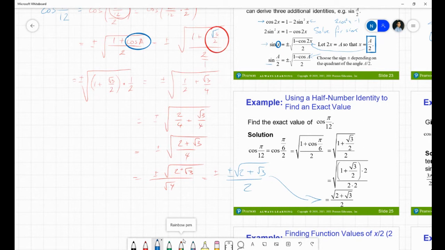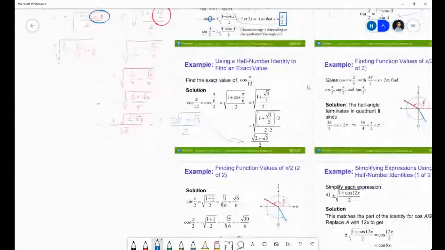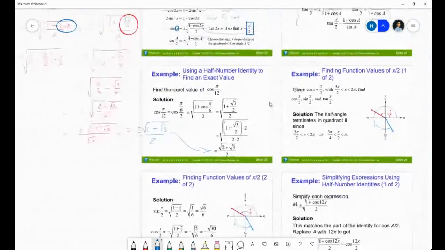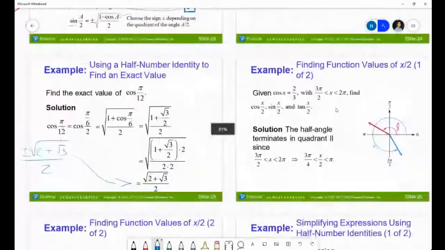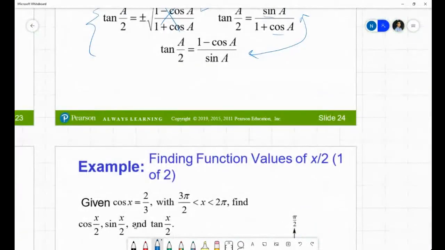Any other questions? Not a lot of questions, huh? All right, try this one.